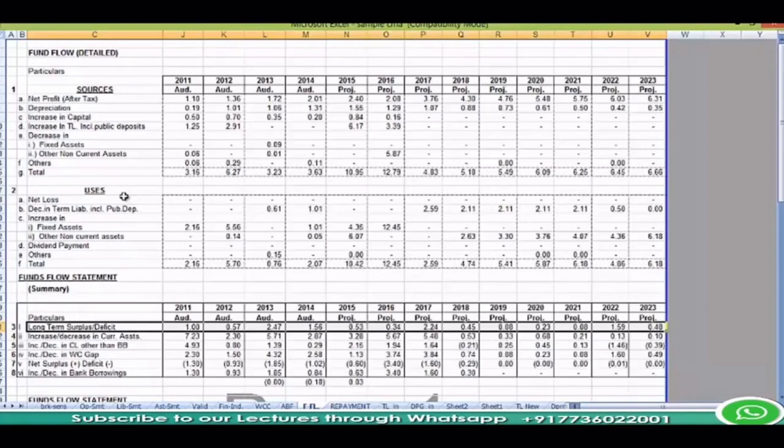So there were some long-term sources, there were some uses. After usage, there should be some surplus, or it can also be a deficit. If there is surplus, how the surplus was used for further activities, or if there is deficit, how the deficit was managed. That's what I explain in the subsequent lines. All this we'll understand in a separate session.